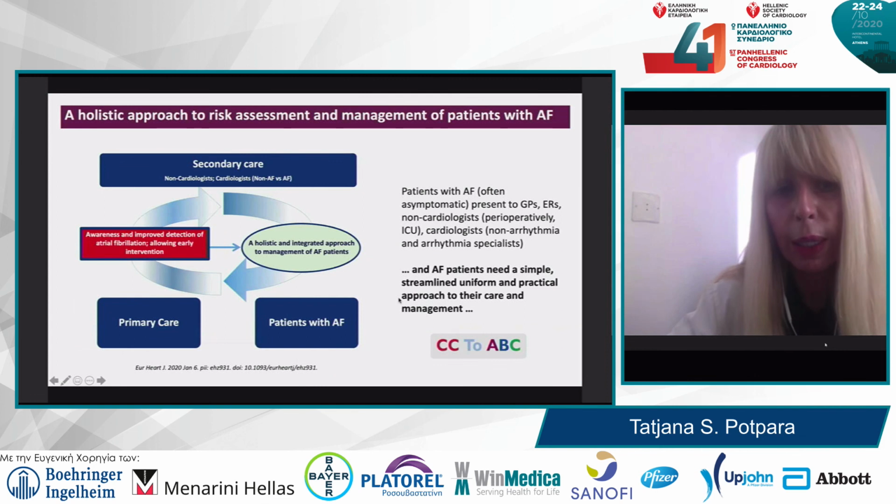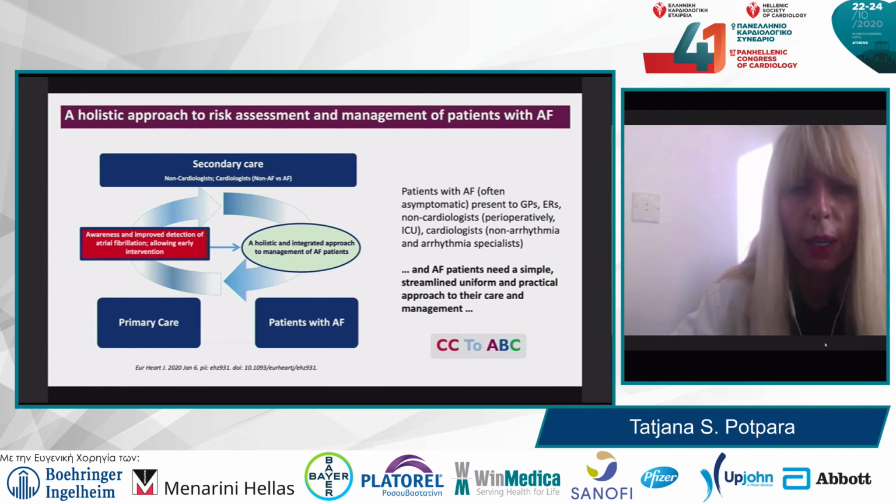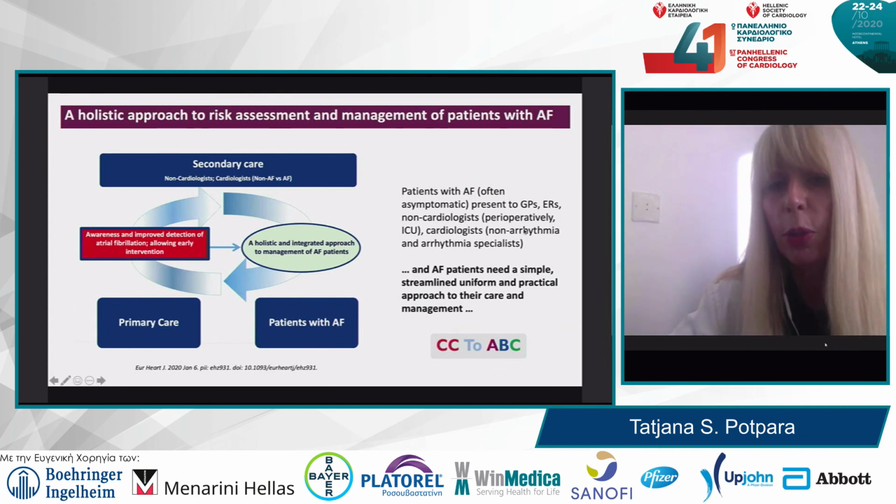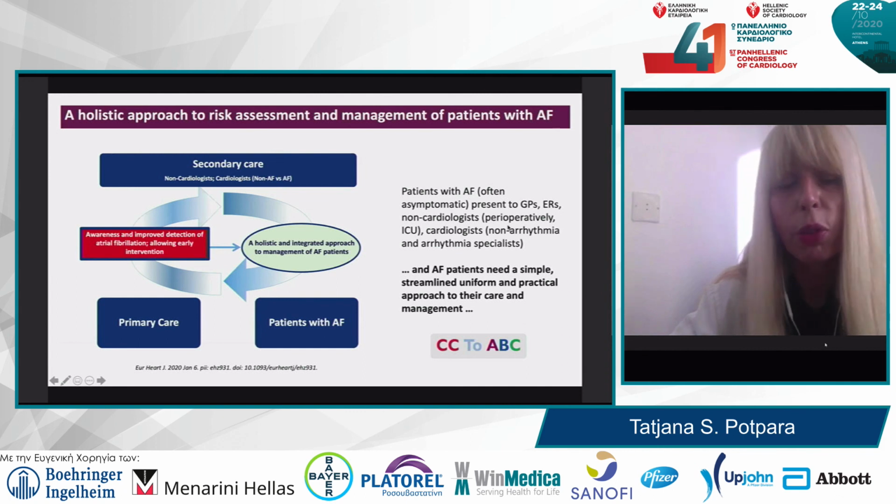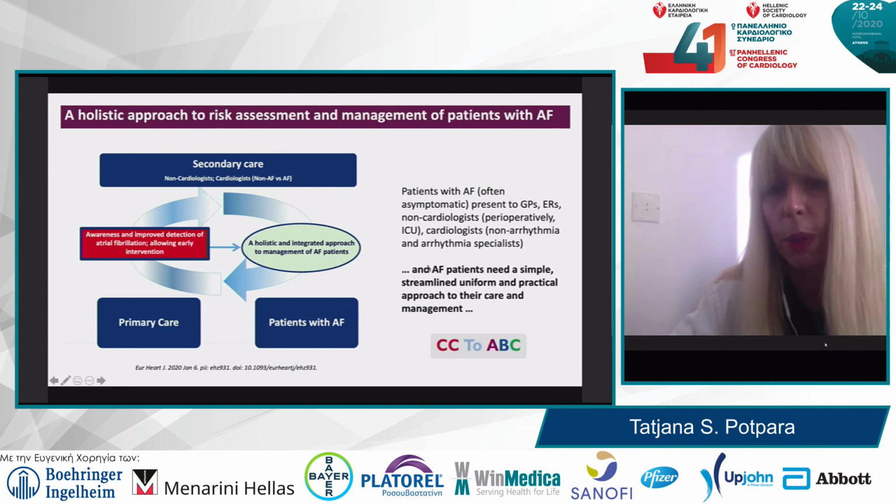And why do we need such a structured patient care pathway? Because patients with AF can present at different levels of a healthcare system, starting from GPs to non-cardiologists and so forth, and we need a simple care pathway that can improve patients' outcomes. And this is the CC to ABC.